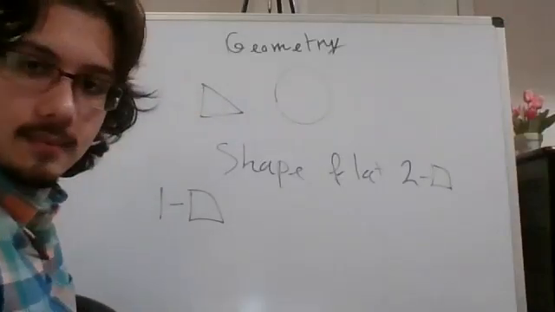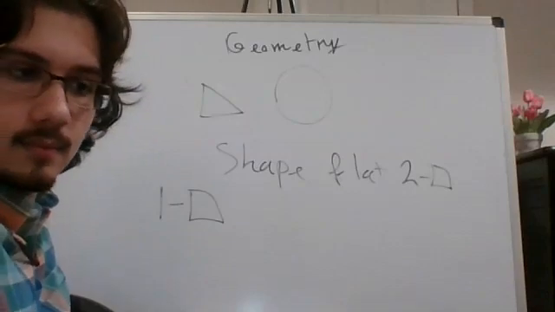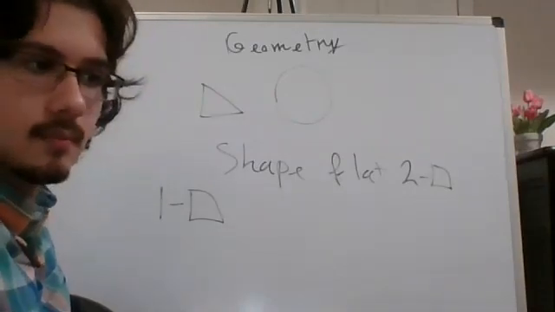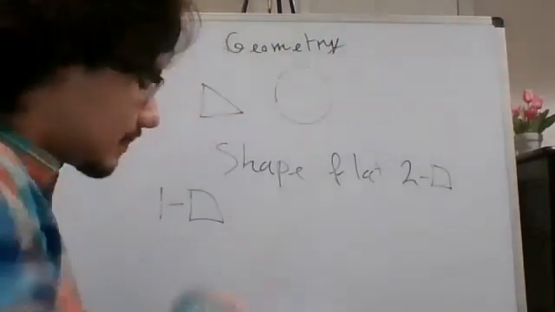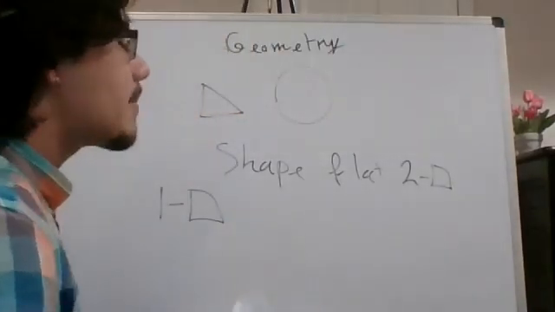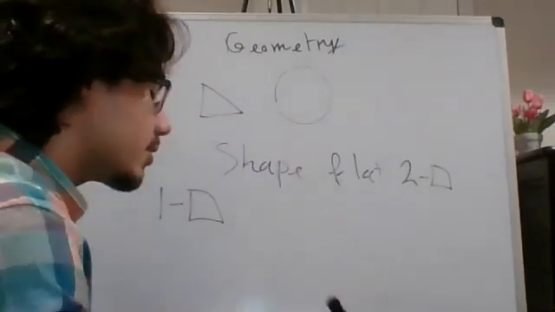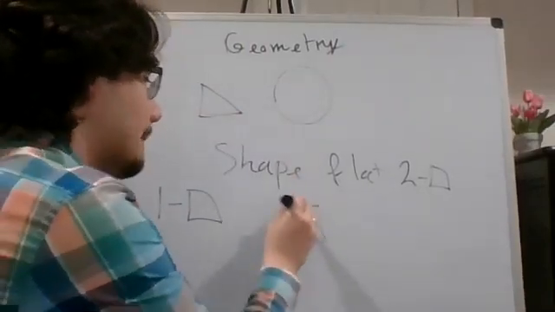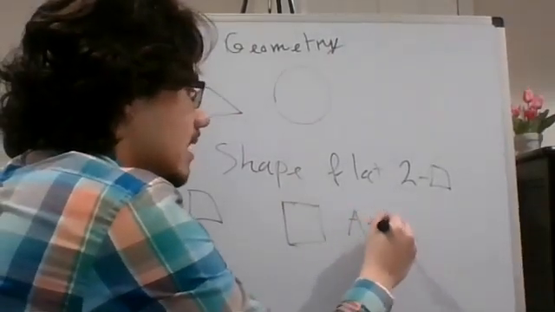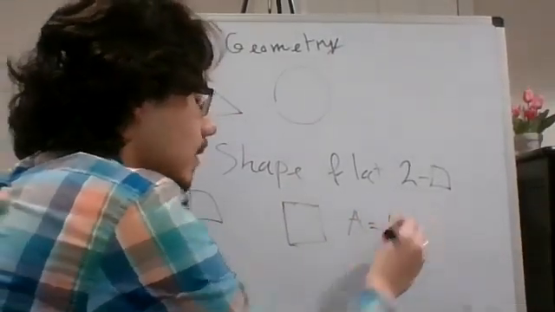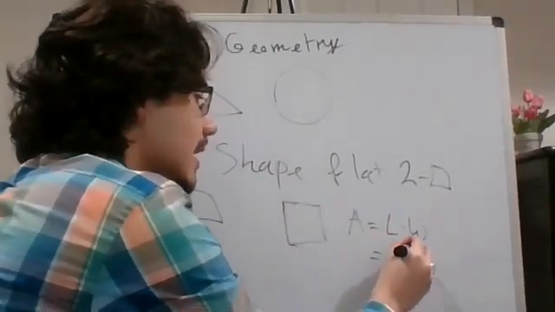Sir, one-dimensional shapes are measured in one direction. Very good, Mr. Nathan. So when we talked about area before, area is two-dimensional. If we have a square, the square's area is equal to length times width, or because it's a square, just length times length.